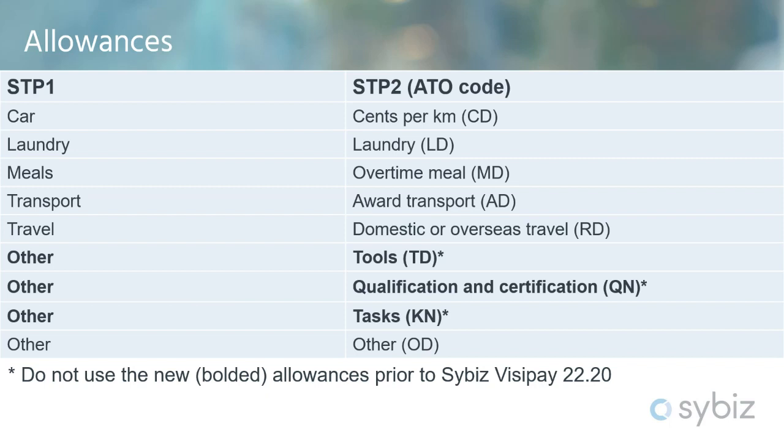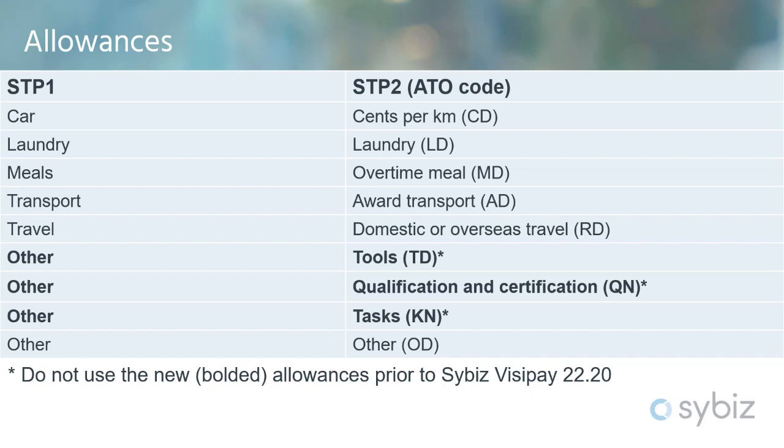In brackets there, that's just the ATO code, so you may see that on the ATO website or in different communication. But so yeah, essentially you can configure those allowances in version 22.10 and above, but we recommend that you don't actually use them. In fact, we insist you don't use them until you're on 22.20 because they won't report under STP1 on earlier versions.